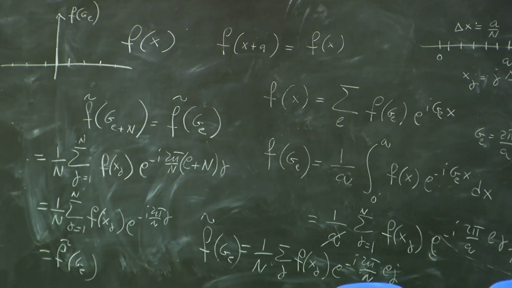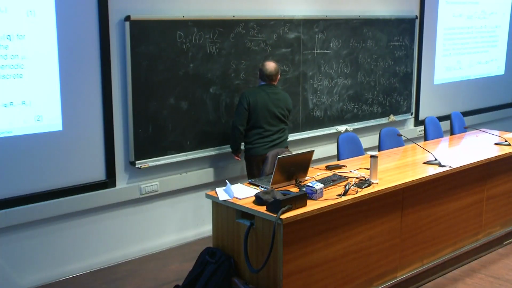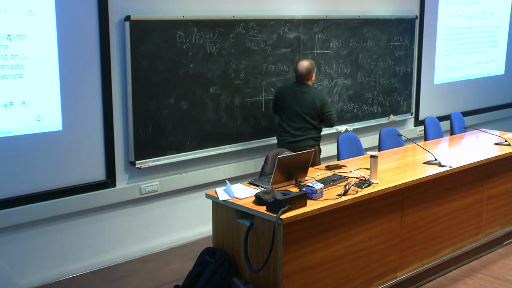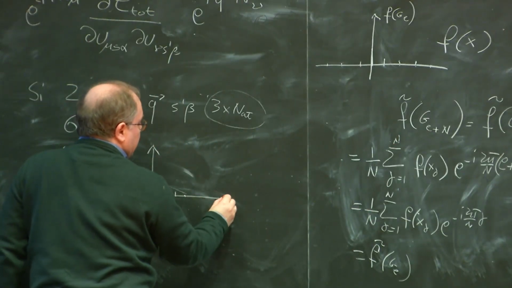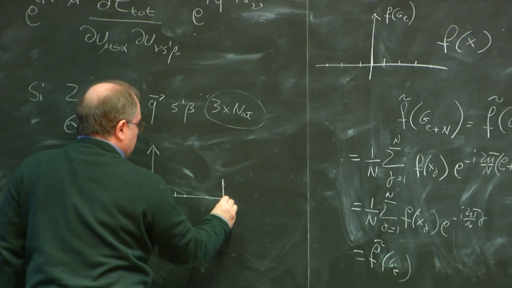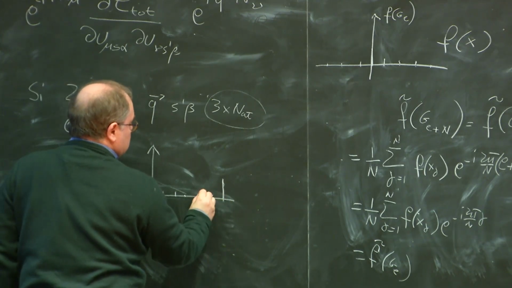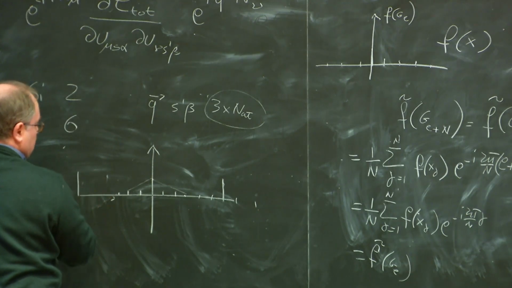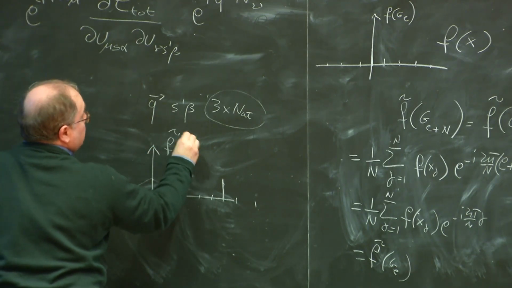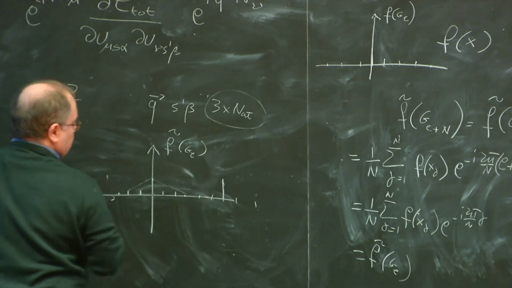So the discretized form has some values that are similar to the real Fourier transform, close to the origin, but then after n points, it is periodic, so we will get the same. This is f tilde of GL.